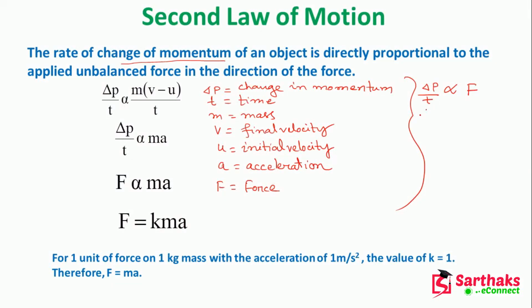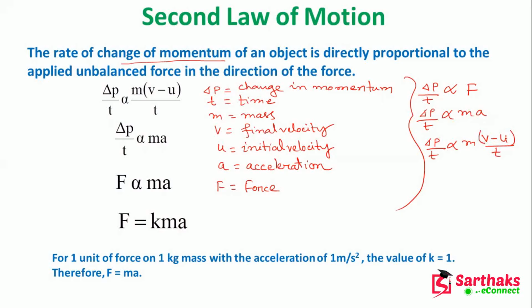That means delta P by T is proportional to MA, mass into acceleration, because force equals M into A, right? So here we can write that it is proportional to M into acceleration, which is (V minus U) by T.